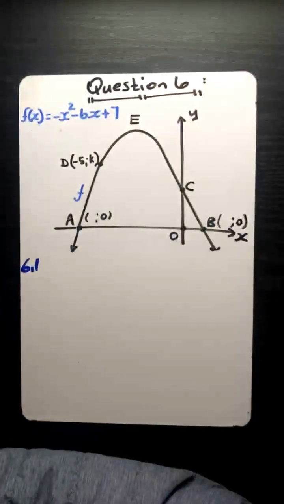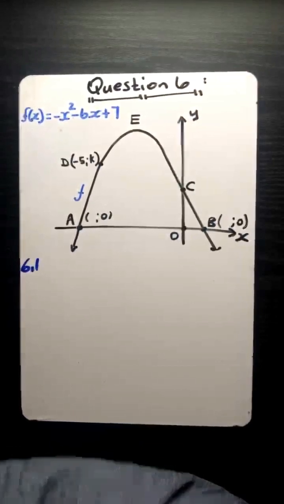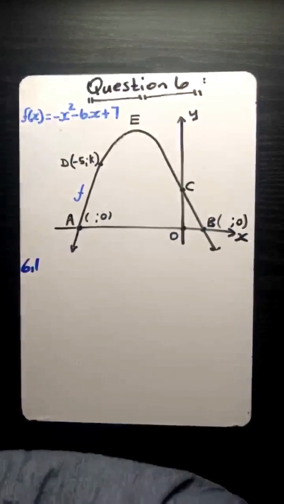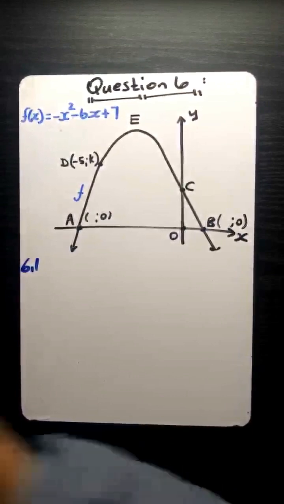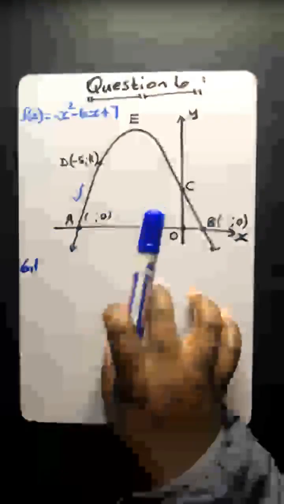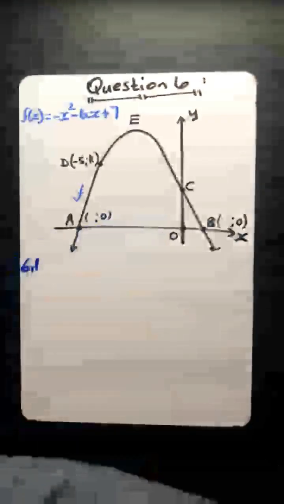If you're not confident, firstly check the memo. If the memo doesn't make sense, then you drop an inbox with a photo of what you have done. You say, this is the question, this is what I've done, this is the memo. I'm not confident, I don't understand the memo.